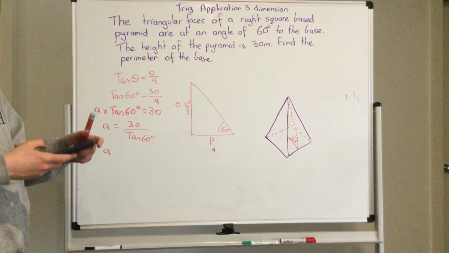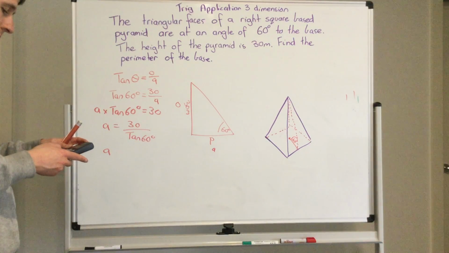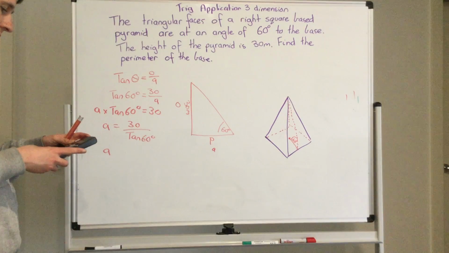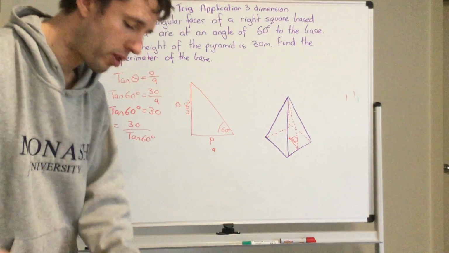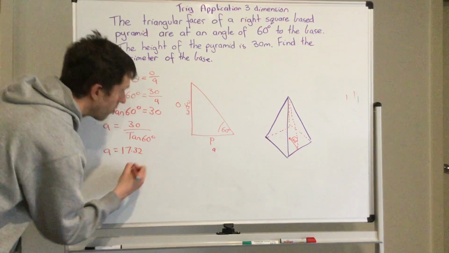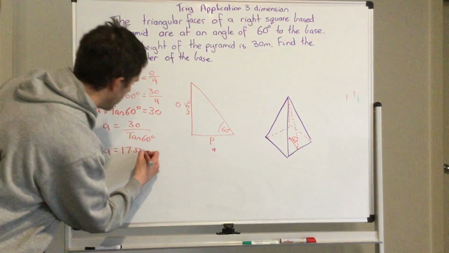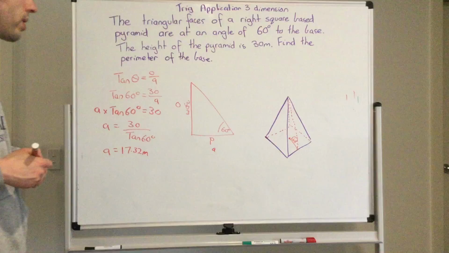So to find out what A is, I'm just going to type in 30 divided by tan 60 degrees. And that gives me 17.32 meters. Okay, so now I know that A is 17.32.